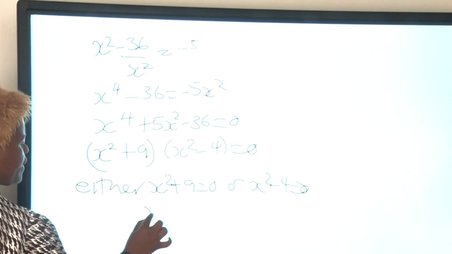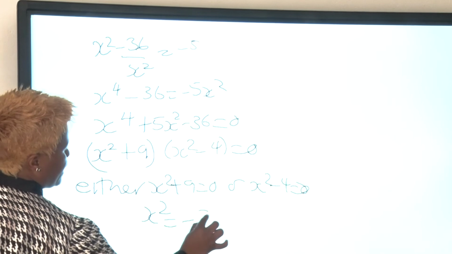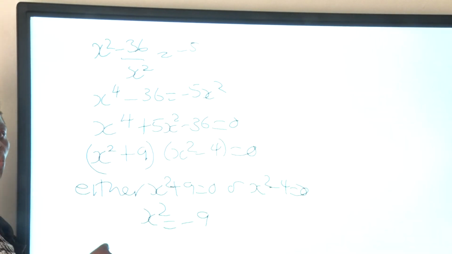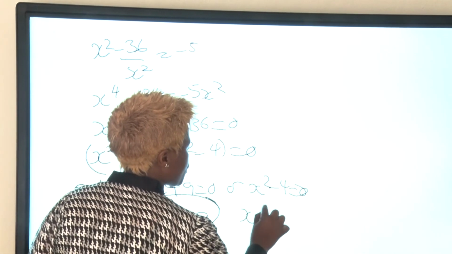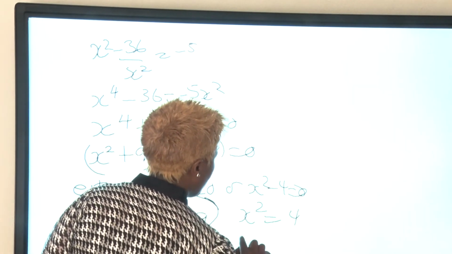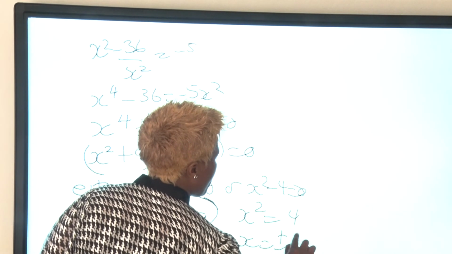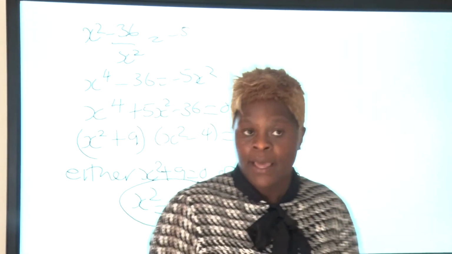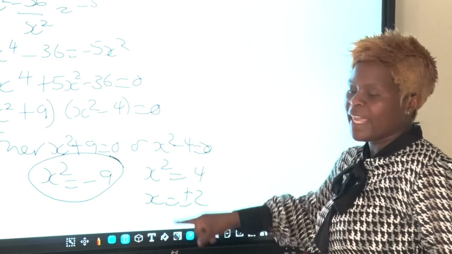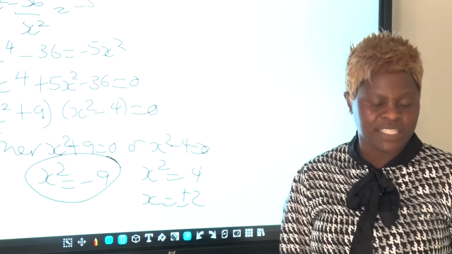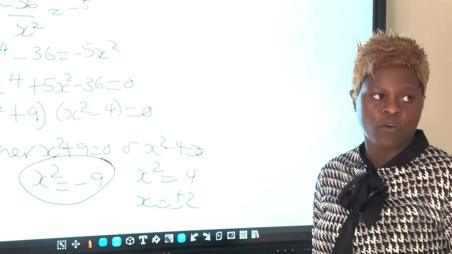When we simplify this, we get x squared is equal to minus 9. This one has no real root, so we don't use this one. We now use x squared is equal to 4, which has the values plus or minus 2 when you simplify. Then we now use these two values and put them in any of the equations to find the values of y.